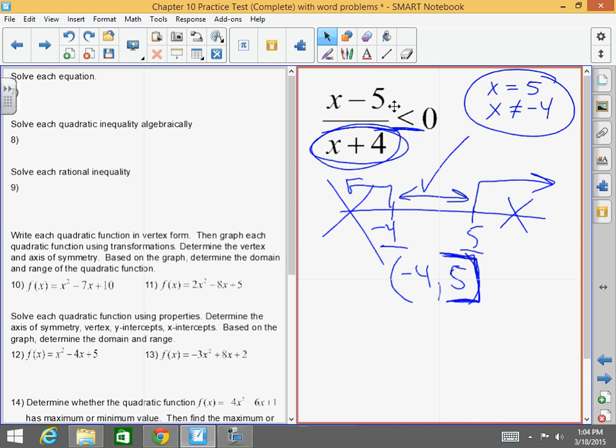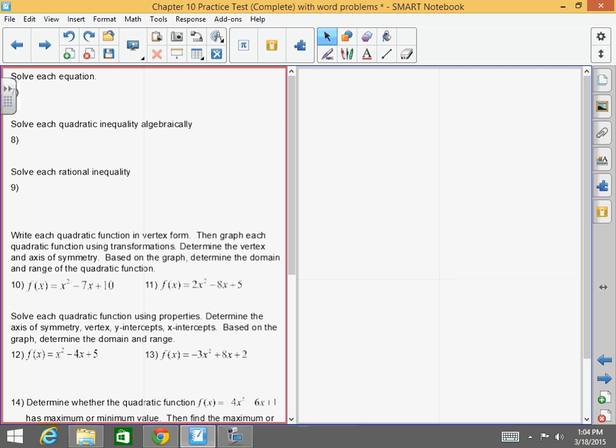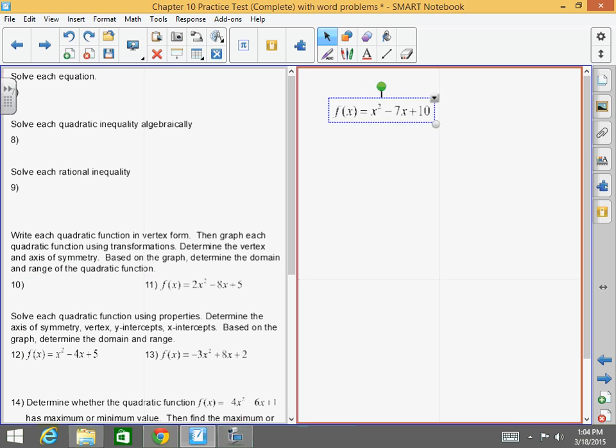Okay. Now, this is what we did yesterday for our quiz. You got to, first of all, with all due respect, read directions. It asks you to put this in vertex form, then graph it, then give me the axis of symmetry, the vertex, and the range and domain.